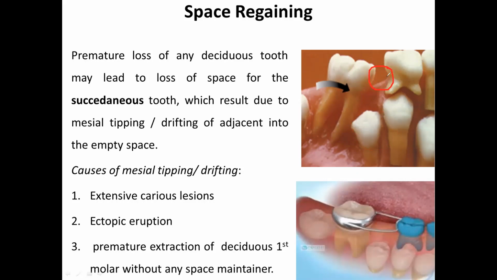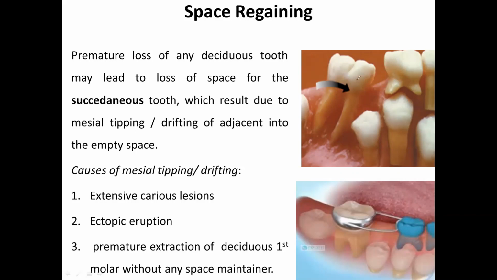If we do not treat or do not give any appliance over here, then there is a natural tendency for the adjacent tooth to drift into the space, and that will cause malocclusion.